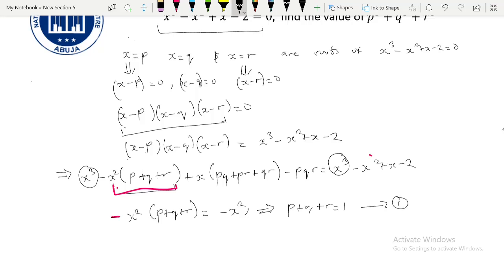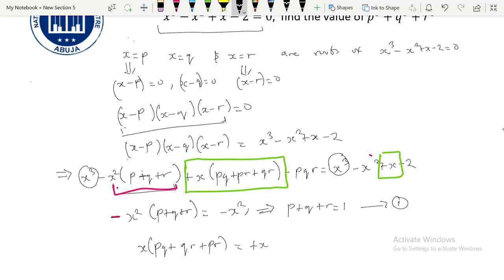Then the same thing here: plus x into pq plus qr plus pr has to be equal to plus x on this side. This means that pq plus qr plus pr equals 1 when you divide both sides by x.